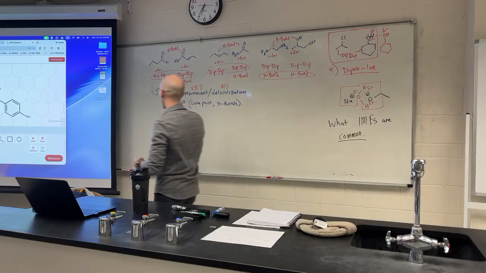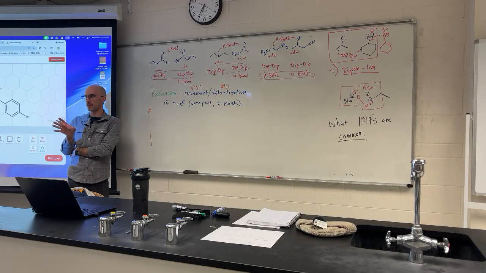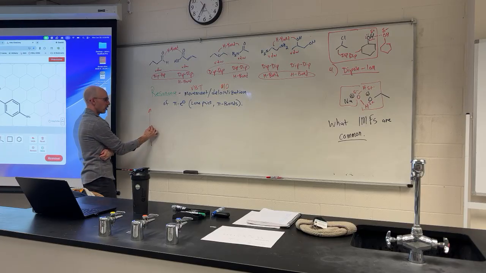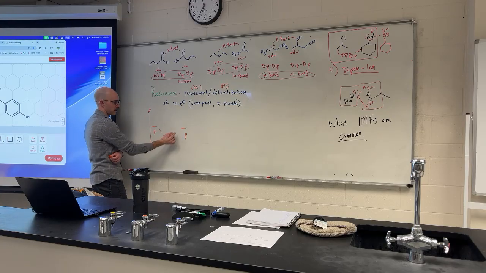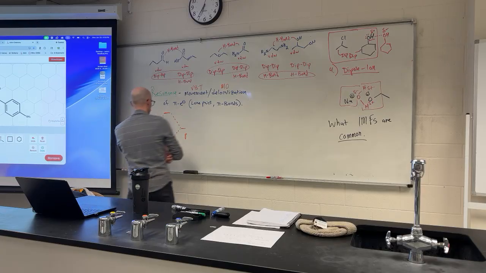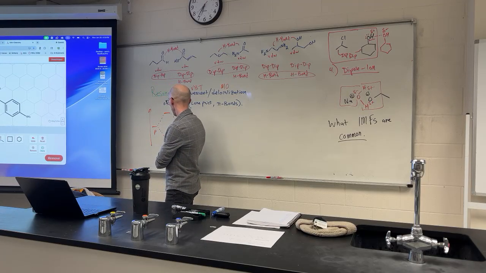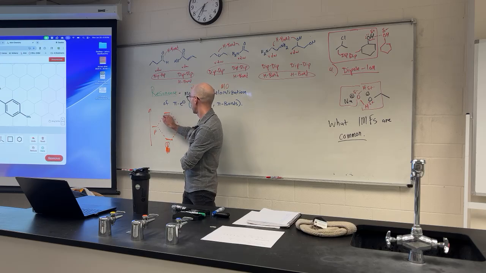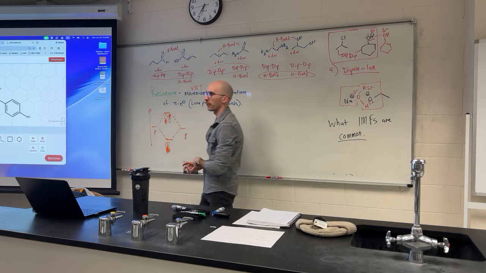So I want to take you back one step, and I want to remind you of how we formed a pi molecular orbital. We took a p from one atom and a p from another atom, and we joined them constructively and destructively, and we got a pi bonding orbital where they were in phase, and a pi anti-bonding orbital where they were out of phase.